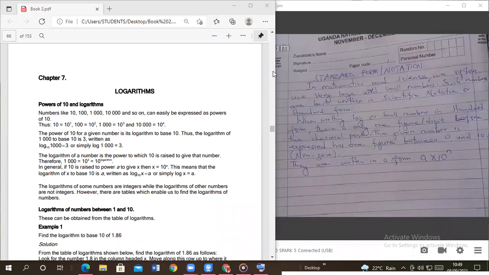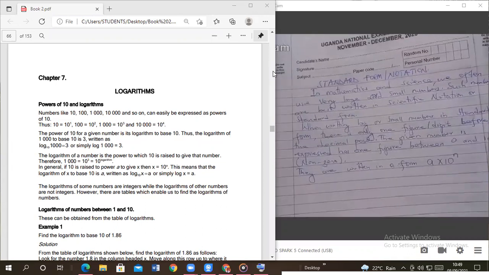Now, members, we are going to express these numbers in standard form, just briefly, so that when we come back in the second session, we go on to logarithm.